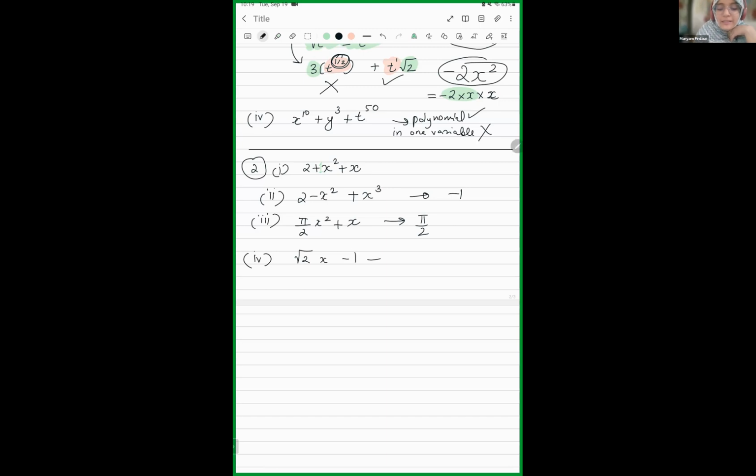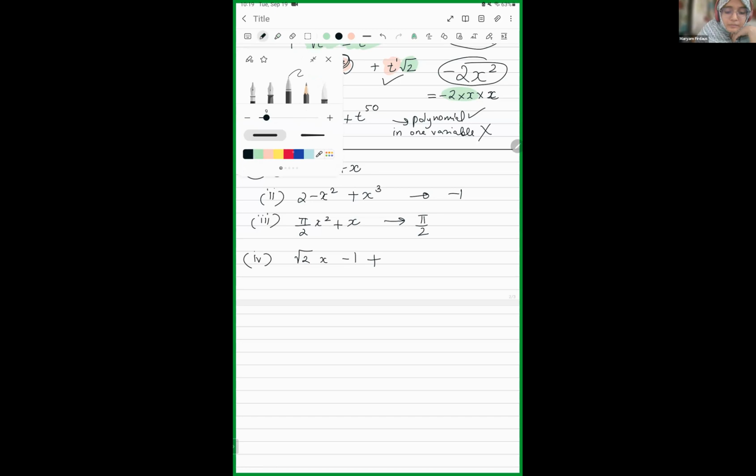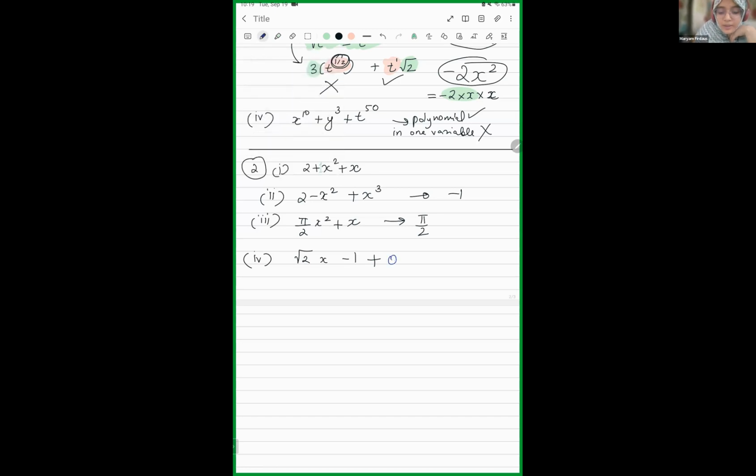So you can write it as 0x squared, because 0 into x squared is 0 itself. So it doesn't make a difference. We're not changing anything if we're just adding 0 to something. So the coefficient of x squared is 0. Okay.